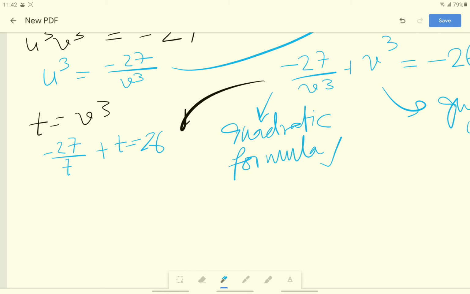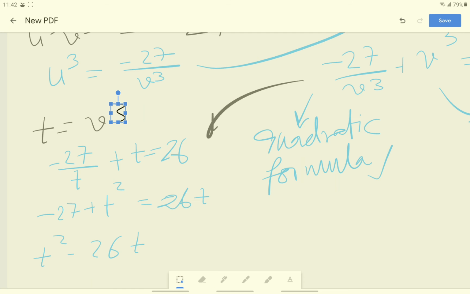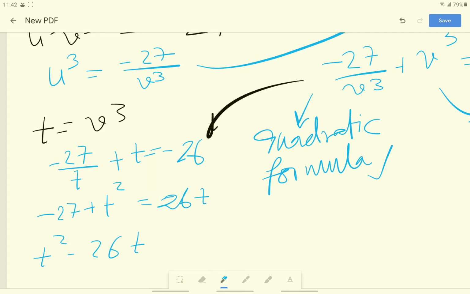From there, you get minus 27 plus t squared equals minus 26t. It is t squared plus 26t minus 27 equals 0. Oops, we made a mistake with the sign, so let us put a negative sign.